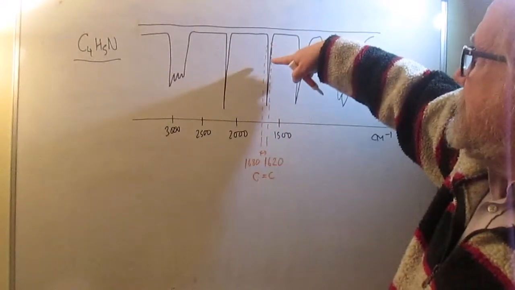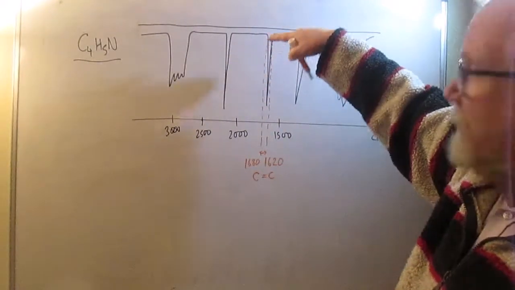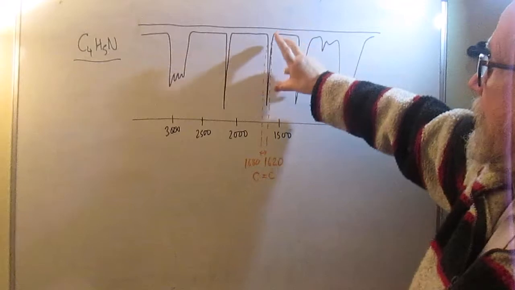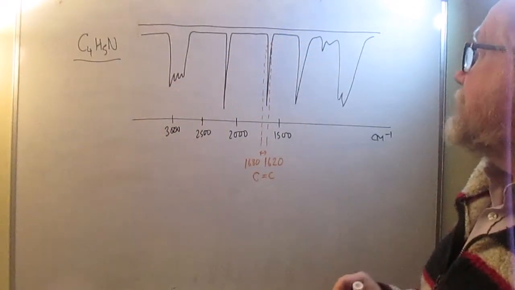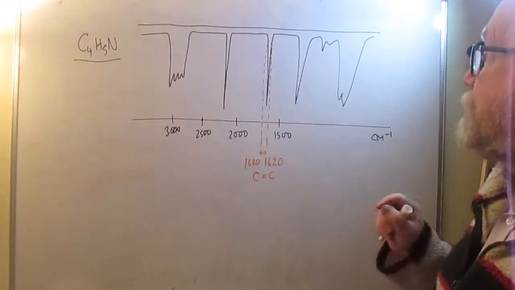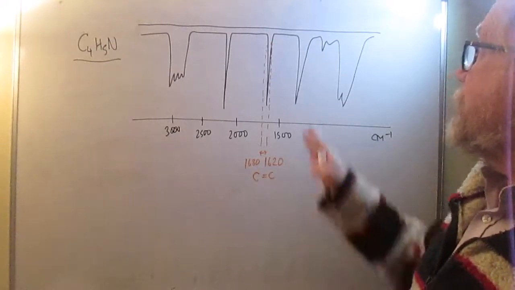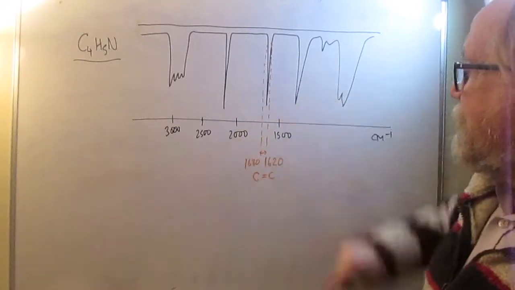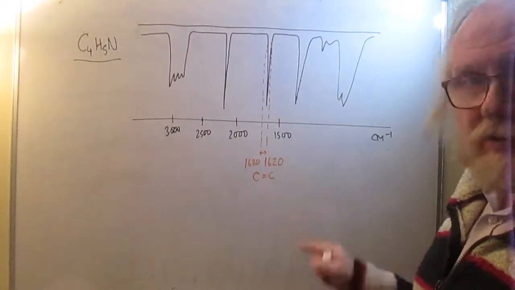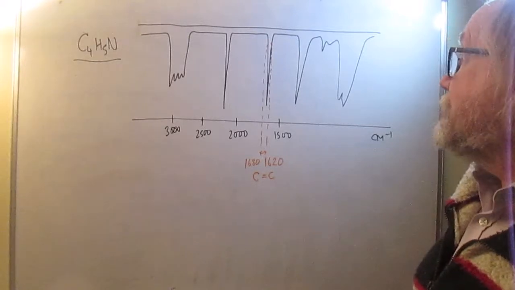That peak's sometimes difficult to see, especially if there's a carbonyl group, because it's so close to it and it's not usually as strong as the carbonyl group. It can get hidden underneath it sometimes. But in the case where there isn't a carbonyl group and you haven't got too many other peaks encroaching around it, that can be very useful. Okay, so look out for C double bond C, because that can be a useful one.